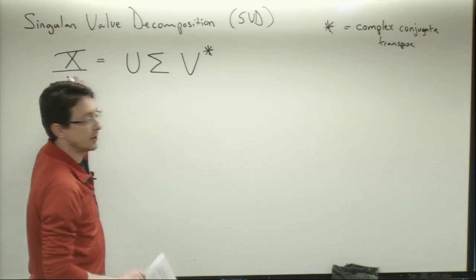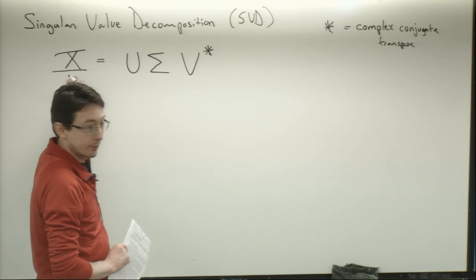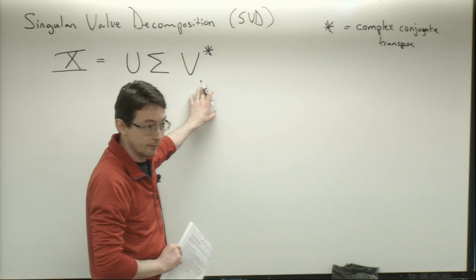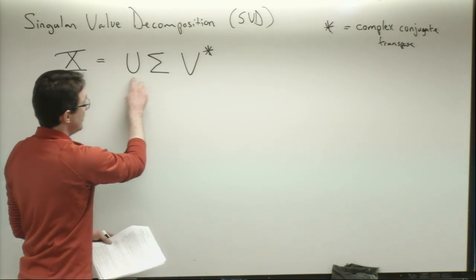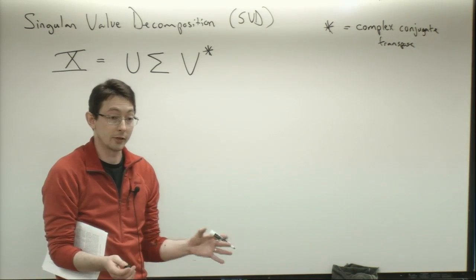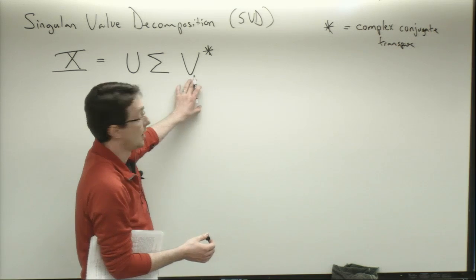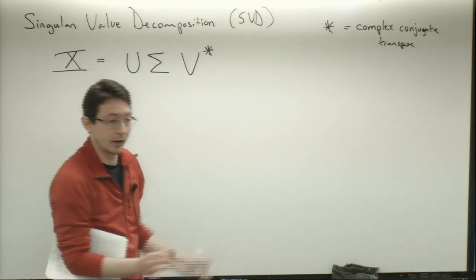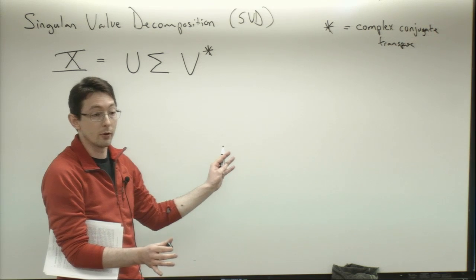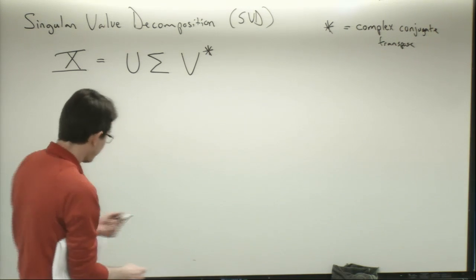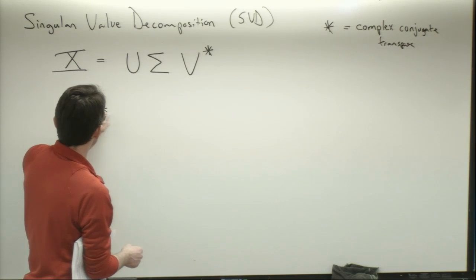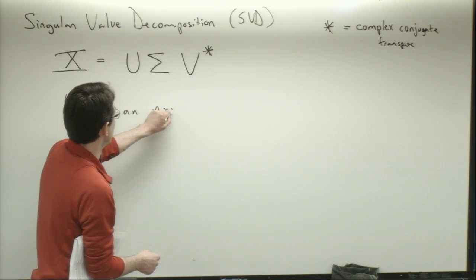So we're taking our matrix X and rewriting it as the product of three new matrices, U, sigma, and V. It turns out that these new matrices are much simpler and better organized than our original matrix, and we can use these for tons of things. I'm going to tell you what the properties of U, sigma, and V are, why they're important, and then I'll give you an example. U is an n by n square matrix.